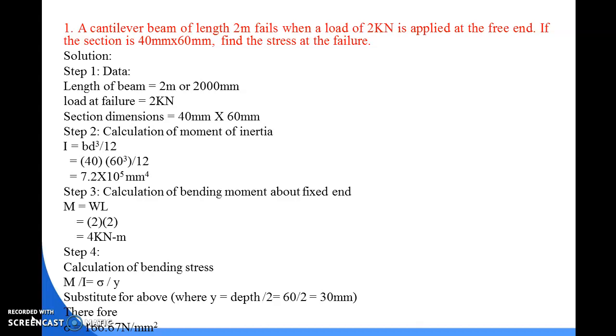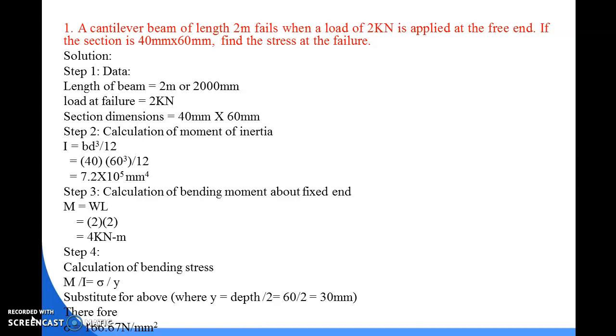After that, in step 2, we have to calculate the moment of inertia. According to the dimension, the cantilever beam is of rectangular cross section because the values of B and D are 40 and 60. Hence, the I value will be BD cube by 12.